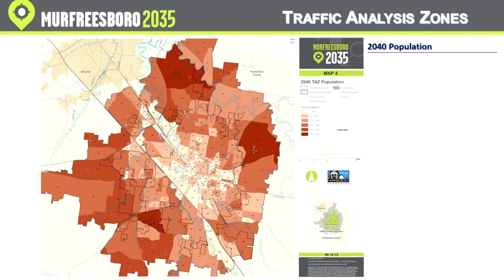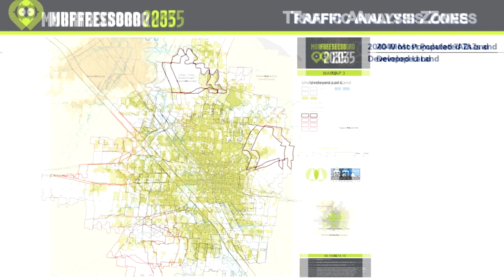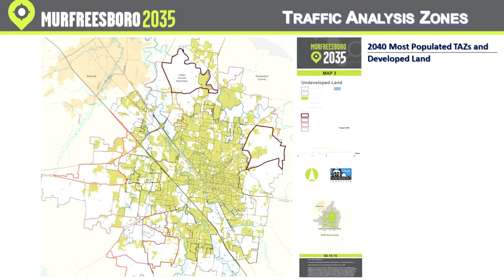You can see the MPO was suggesting here that in this traffic analysis zone up here, there's going to be a whole lot of additional residential development down here, et cetera. So that's why this exercise is so important, is that we really need to make sure that we're all on the same page, because when it comes to developing thoroughfares, it's a very costly enterprise.